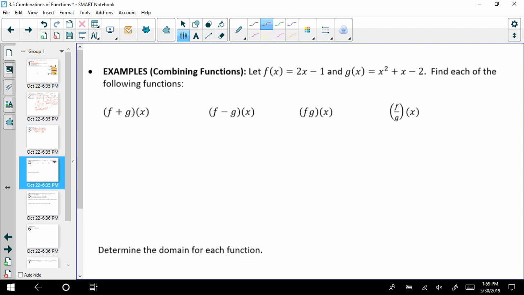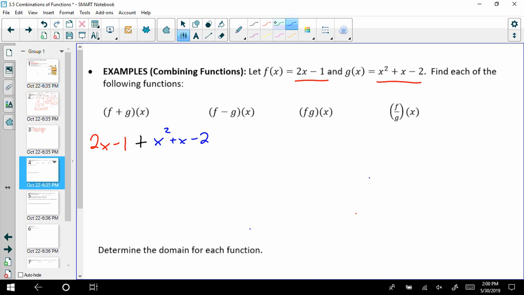Let's try it. So let f equal 2x minus 1 and let g equal x squared plus x minus 2. Find each of the following. So the first one wants me to find them added together. So I'm going to take f plus g.